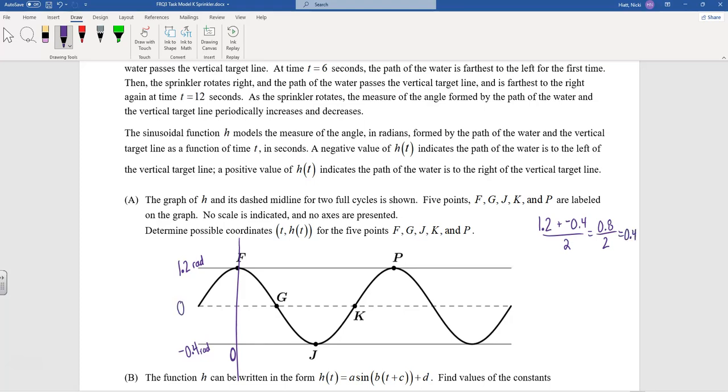So 0.4 here. So the x-axis, let me use different colors here. I'm going to use red for my y-axis. My x-axis is kind of like here, halfway between, right? I guess it's technically not an x, it's a t and an h of t, right? So this really, I should put 0 right here.